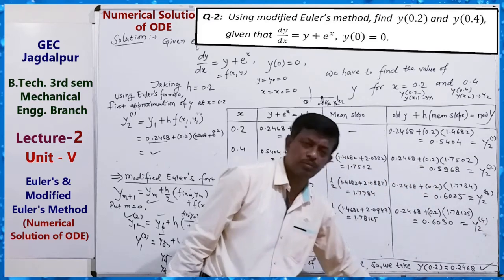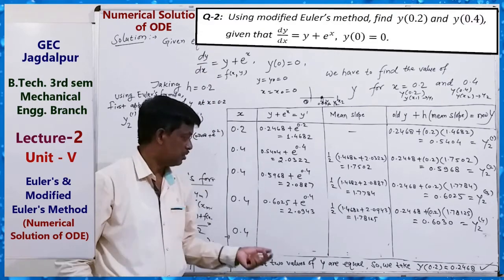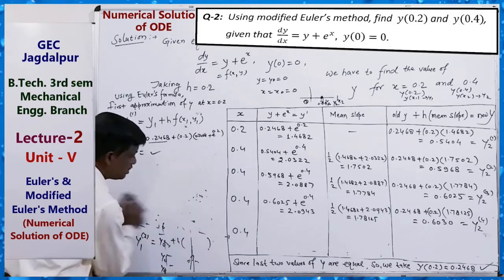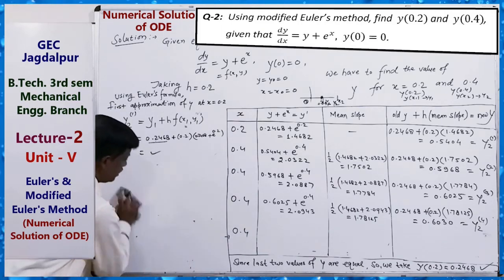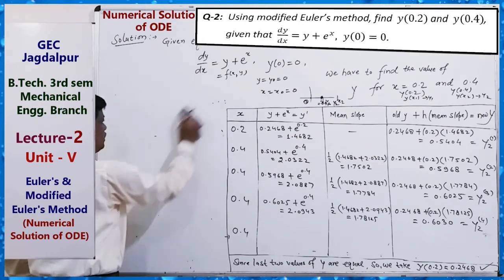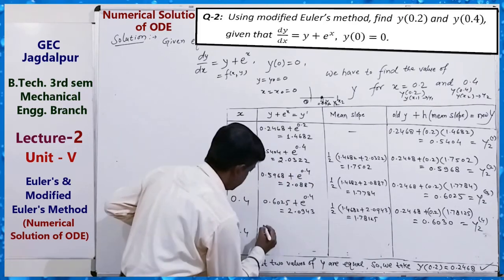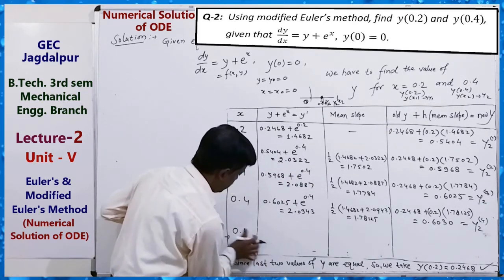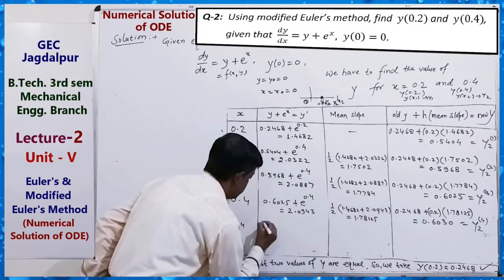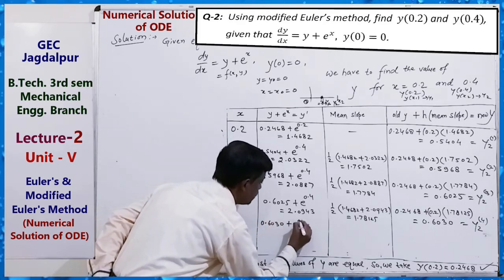Similarly, fifth and sixth approximation, we go on with this process to get the same value of y. Okay, just do it and you can see the value. For the next step, again use this value 0.6030 plus e to the power 0.4.